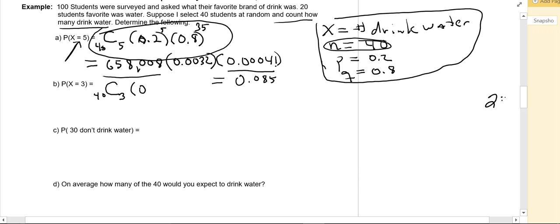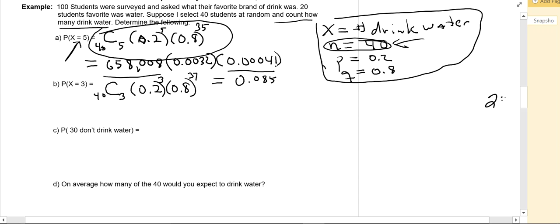The probability of success is 0.2. How many successes? 3. The probability of failure is 0.8. How many failures? Well, there's a total of 40. Take away the 3 that were successes, so 37 failures, right? So these two exponents have to add up to the number of trials, right?